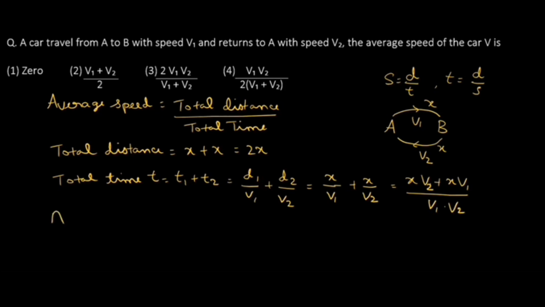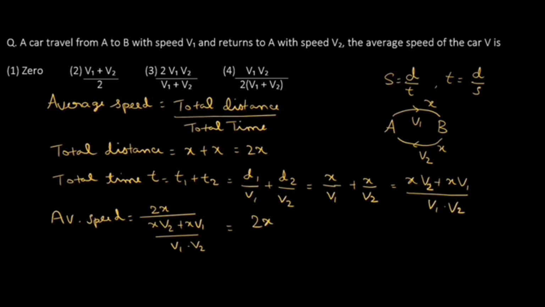We can substitute in the average speed. So average speed is equal to the total distance 2x divided by the total time taken, x v2 plus x v1 divided by v1 dot v2. Since it is in two fractions, we can take the denominator to the other side.